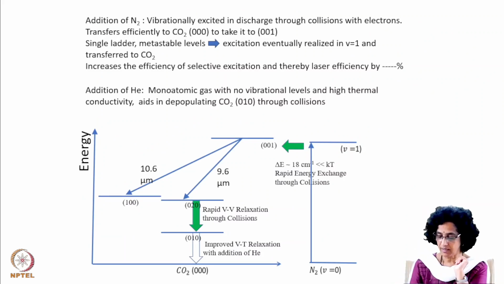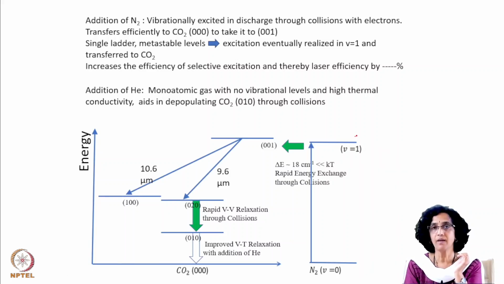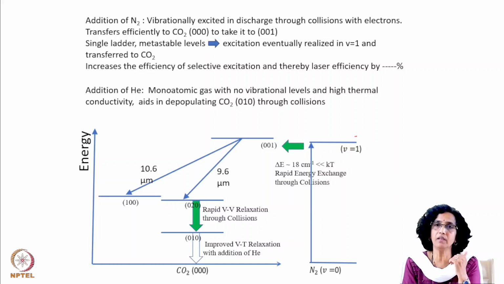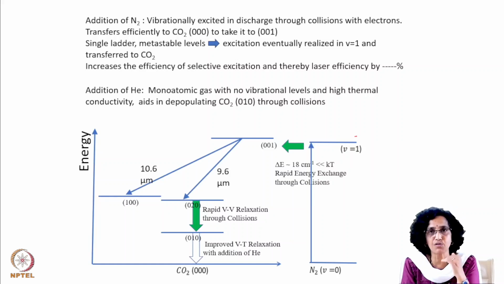You see, I have shown here the vibrational ladder of nitrogen. This is N2 V equal to 0 and N2 V equal to 1. Can you just recollect how many vibrational ladders a nitrogen will have? Nitrogen is a diatomic molecule, a linear molecule.